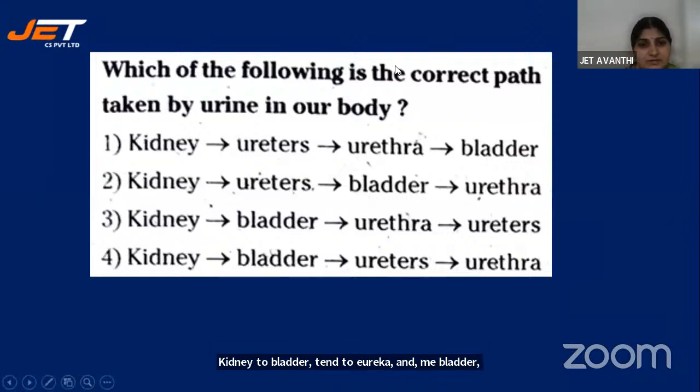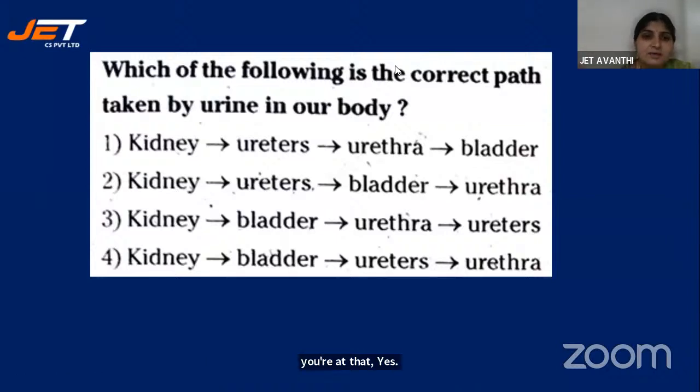Yes, kidneys, ureter, bladder, and then urethra. So it is option 2. Anthony, Vardhan, Shiva, Sandra. Very good. Most of you have given the correct answer. Option 2 is the correct answer.